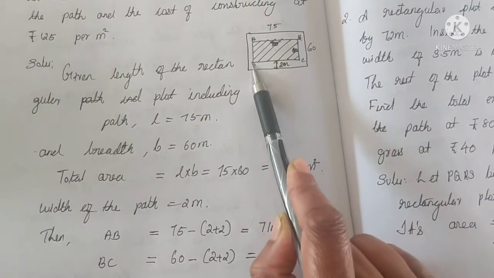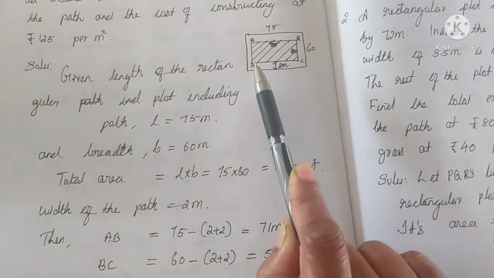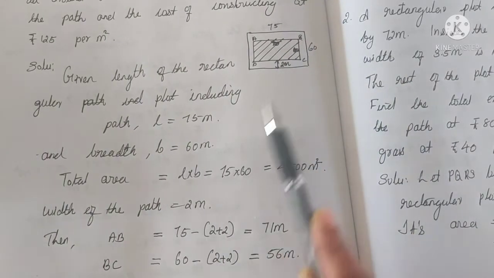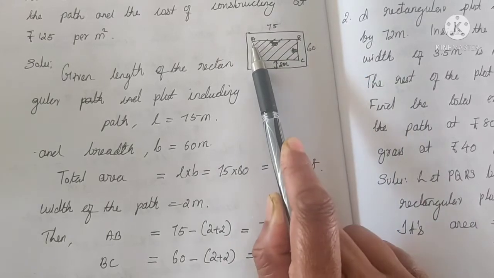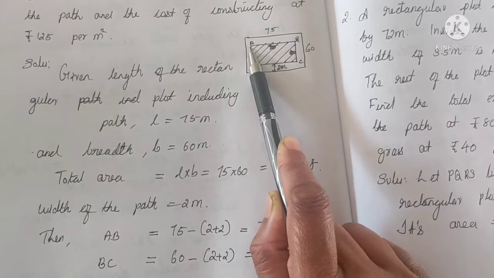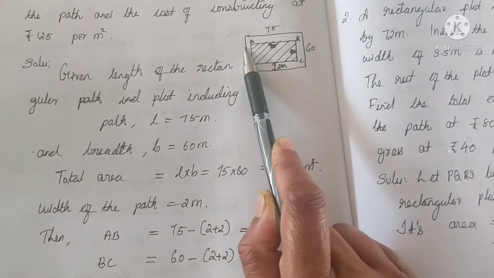Then we can find the area of this inner rectangular block, which is marked as A, B, C and D. So what is the length of AB? Here the total length is 75. For the length of AB we have to subtract this width and this one from 75. The width is 2 meter, here 2 meter, here 2 meter.